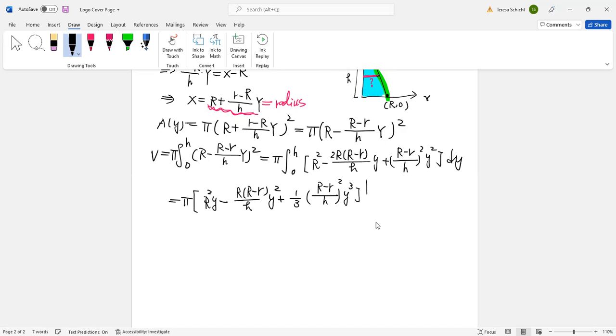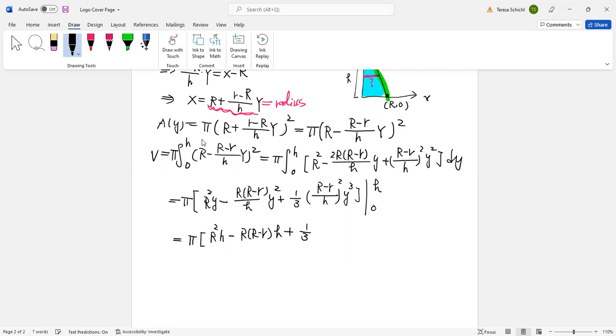Okay, so what are the boundaries here? 0 to h here, okay? So after you substitute, this will be pi times R squared h minus, and then the h will cancel one of the h's, right? So this will be R minus r, and the h, right? Then plus this will be the 1/3.